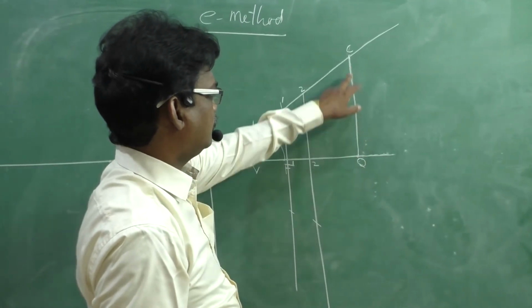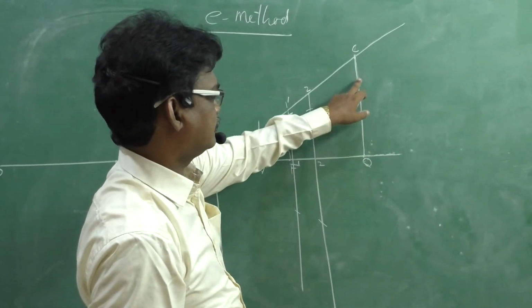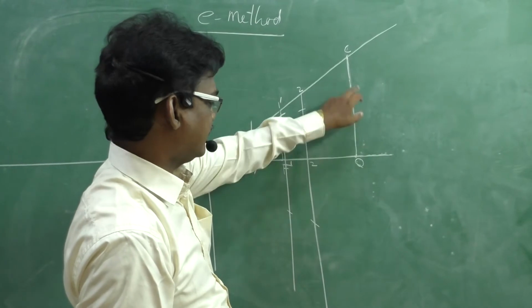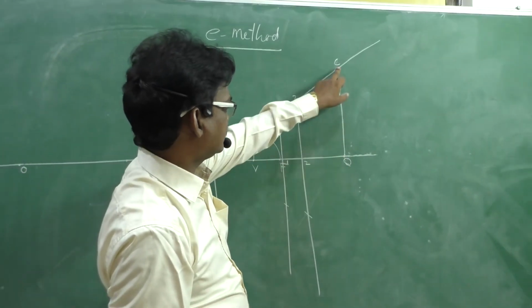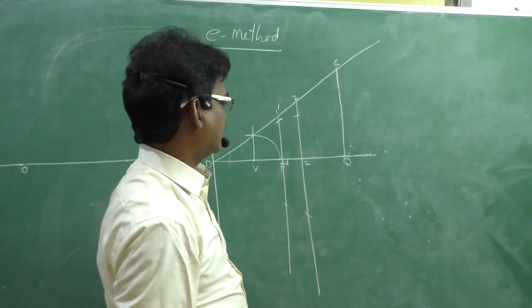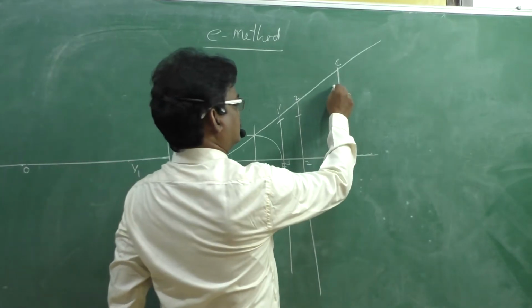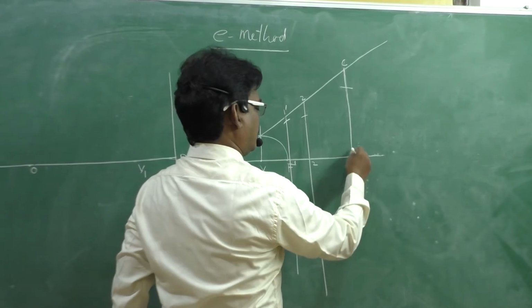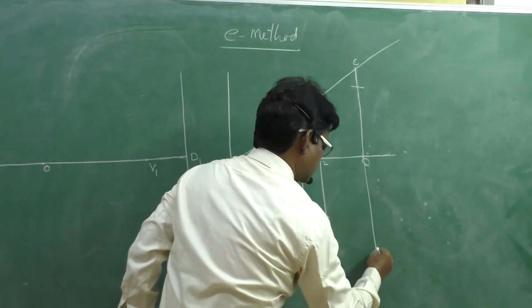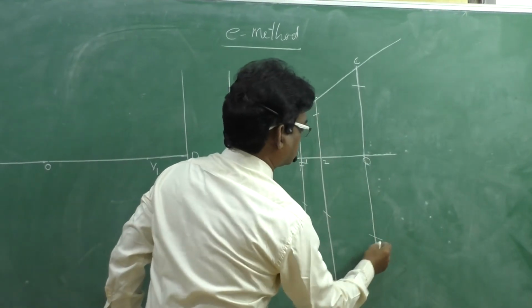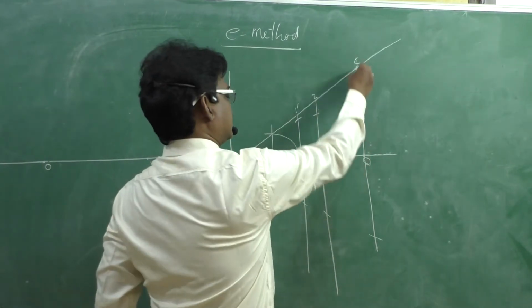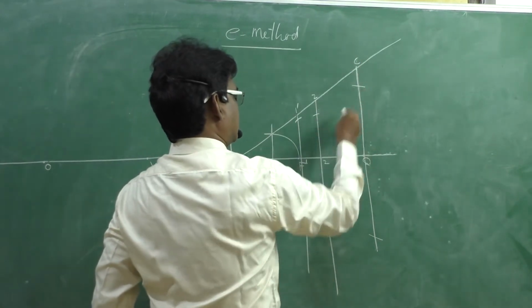Suppose you want to locate the position of the minor axis end: OC is the radius, F as center, we need to draw an arc on either side. Right? OC as radius, F as center.